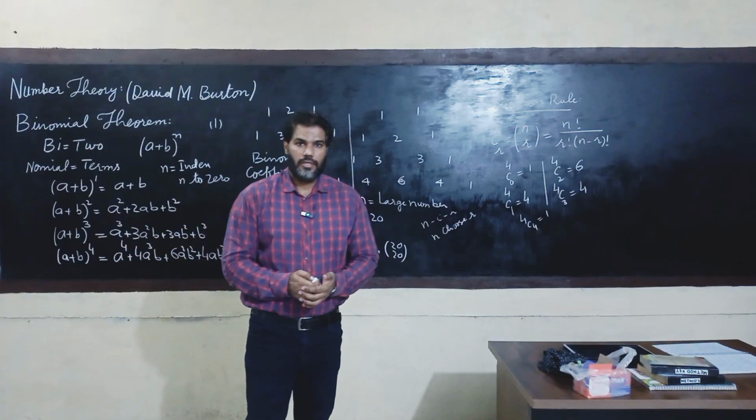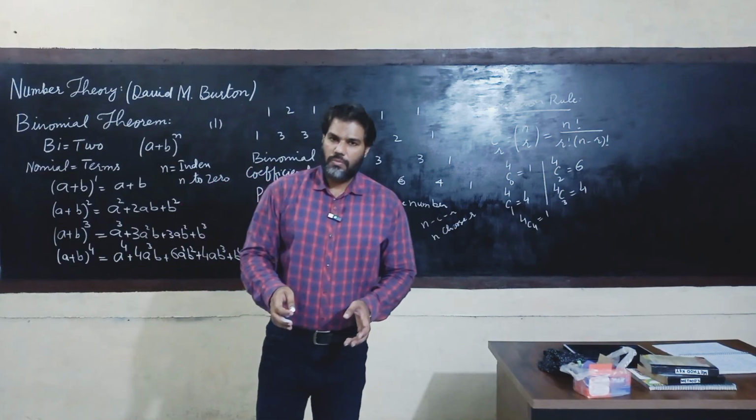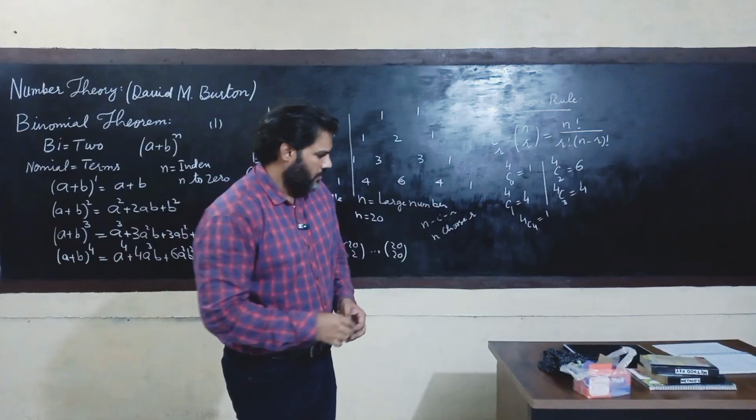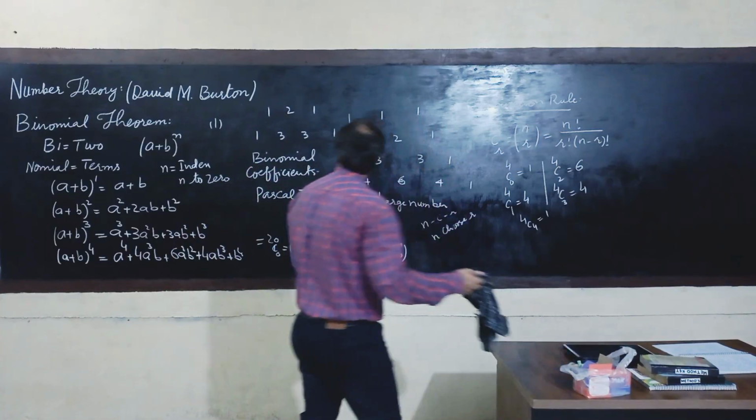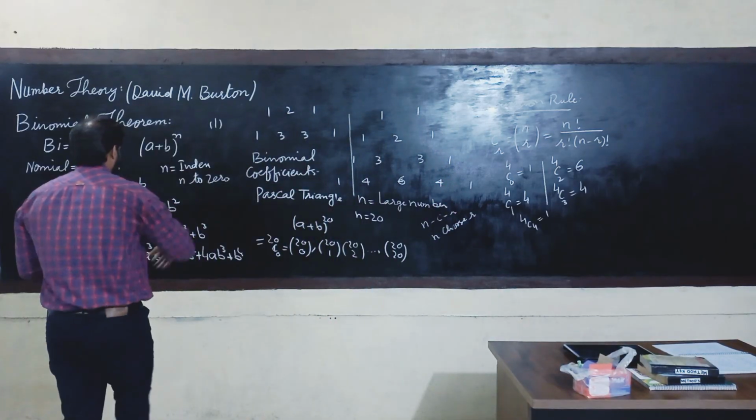Next I am writing the most generalized form, actually called the binomial theorem, for a general exponent n.